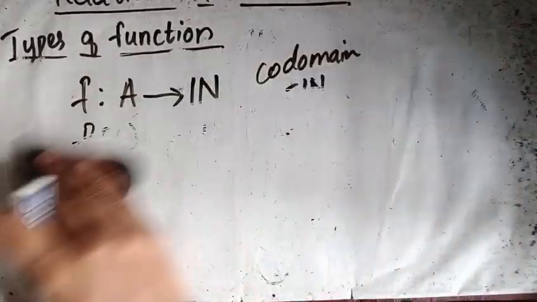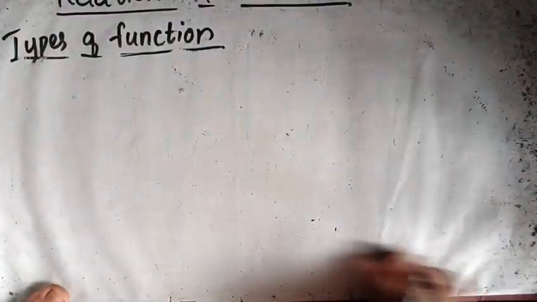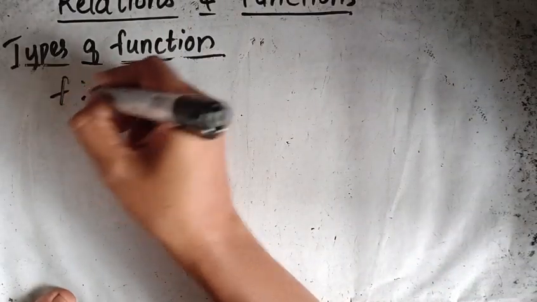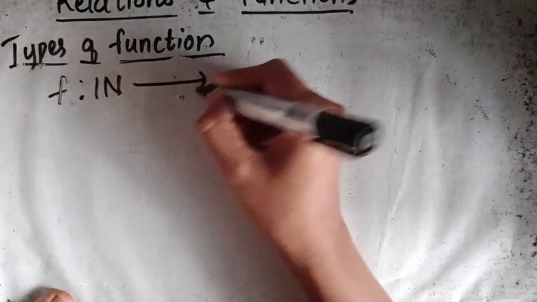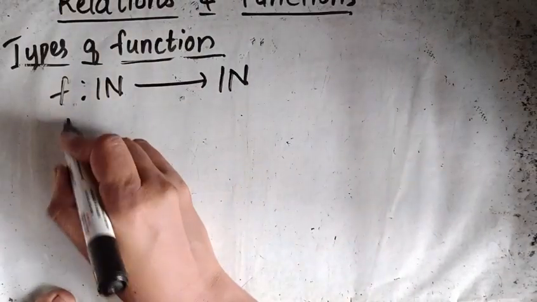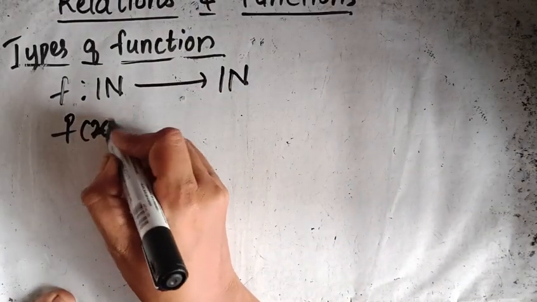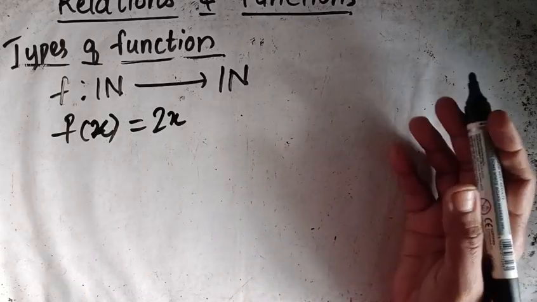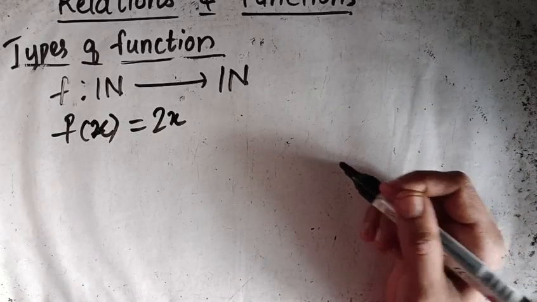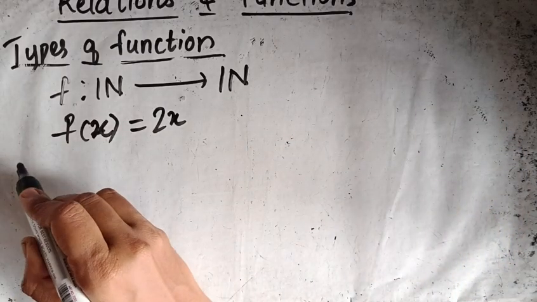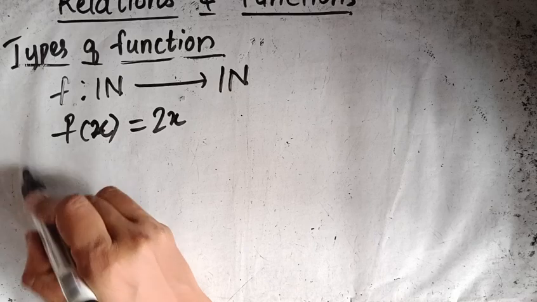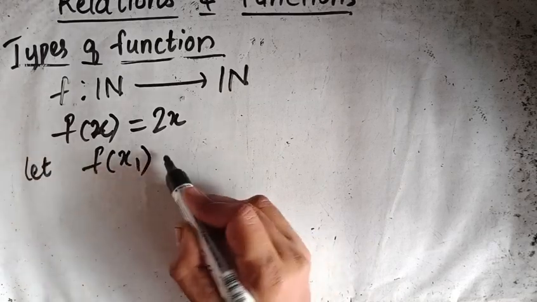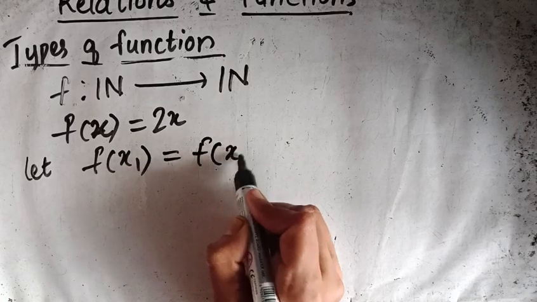Okay, next question. Show that the function f from the set of natural numbers to natural numbers defined as f of x is equal to 2x, okay, is 1-1 but not onto. Now to prove it to be 1-1, you can take, say, let f of x1 is equal to f of x2.